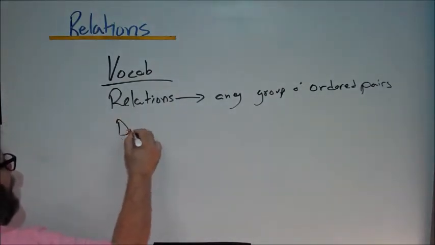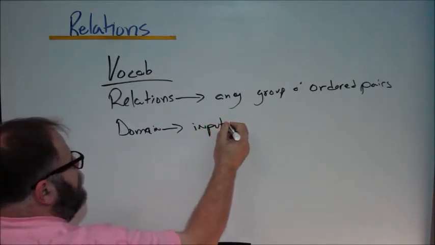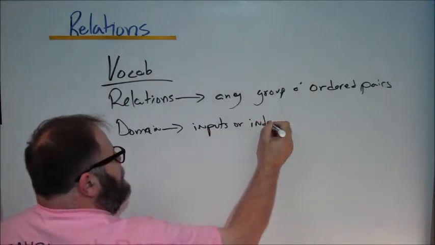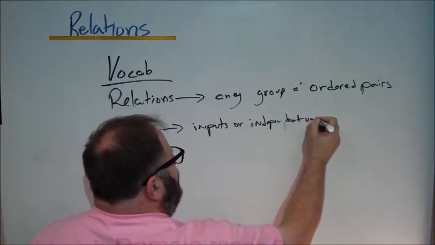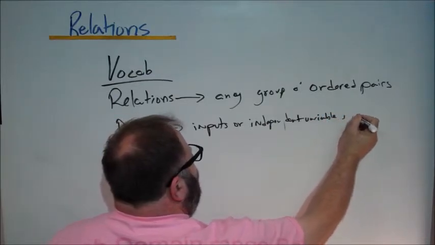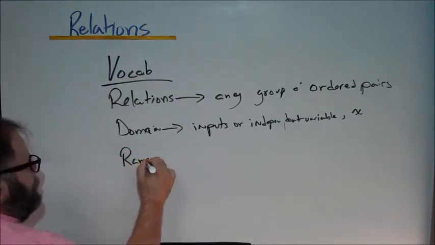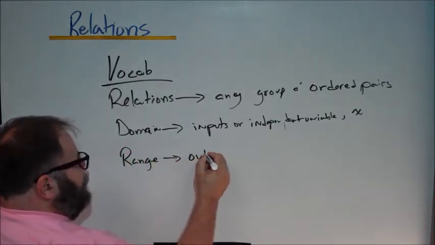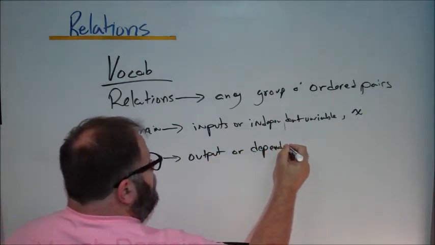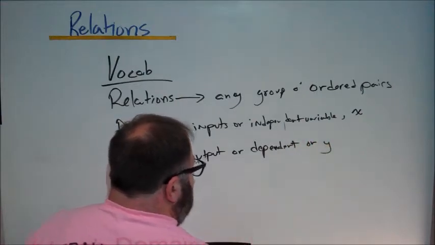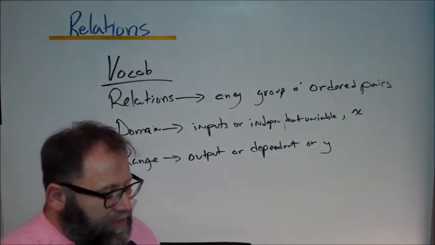We've got the domain, which are the inputs, or independent variable, or the x's. And then we've got range, which are the outputs, or the dependent, or the y's.